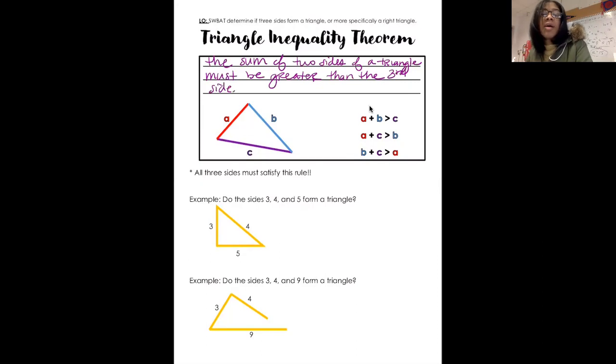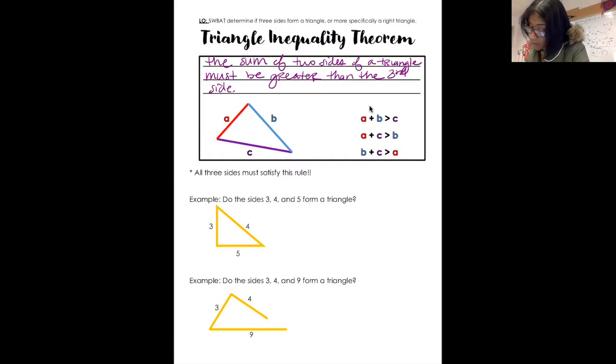The sum of two sides of a triangle must be greater than the third side. So when you add up any two of the sides together, that sum, that total has to be bigger than the third side. Let's go right to an example.